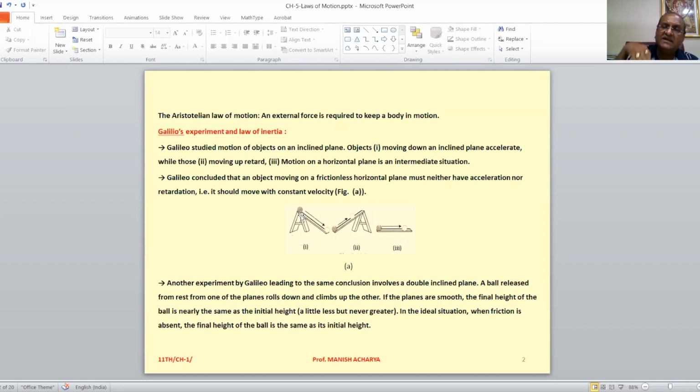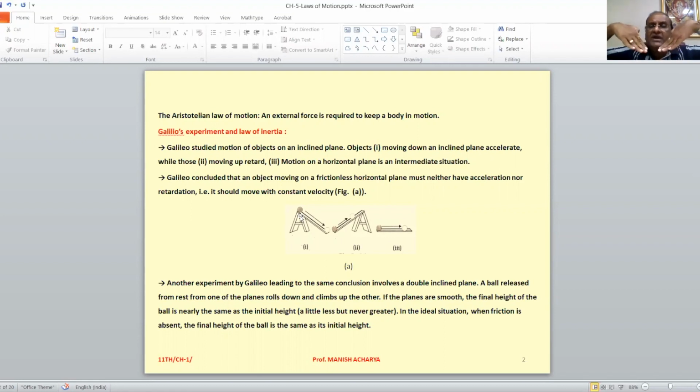It implies that as it moves in the downward direction, its velocity is continuously increasing. But if it is allowed to move on that inclined plane from bottom to top, then the motion is retarding, decelerated. As it moves upward, its velocity is continuously decreasing.